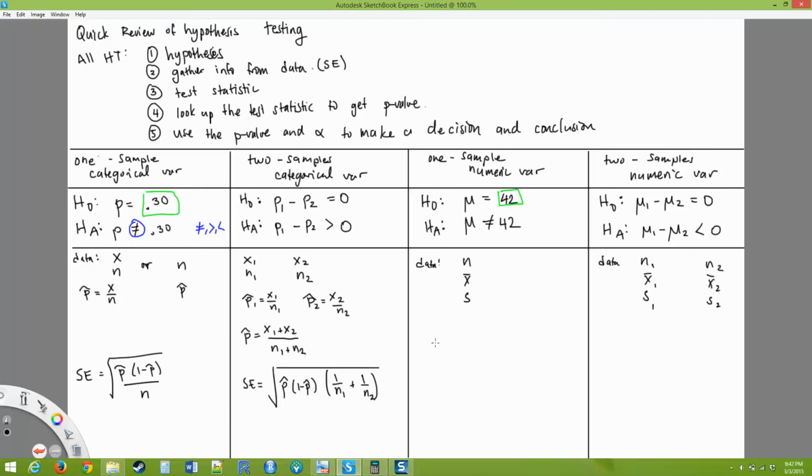Standard error here is s over the square root of n. And standard error here is the square root of s1 squared over n1 plus s2 squared over n2.